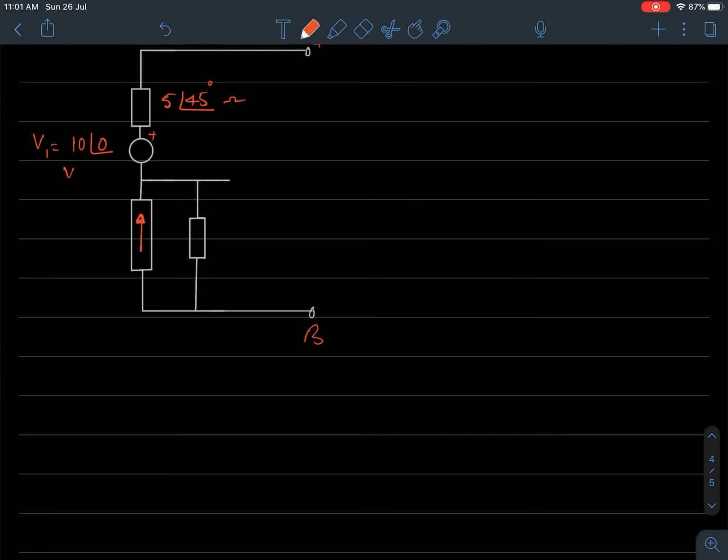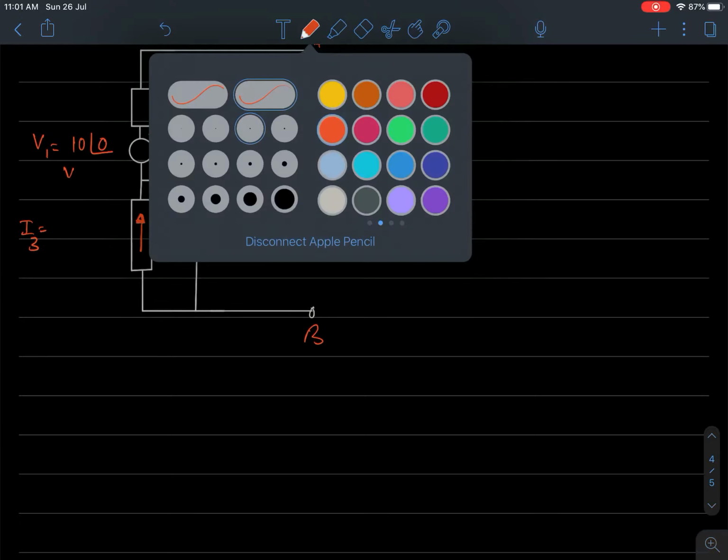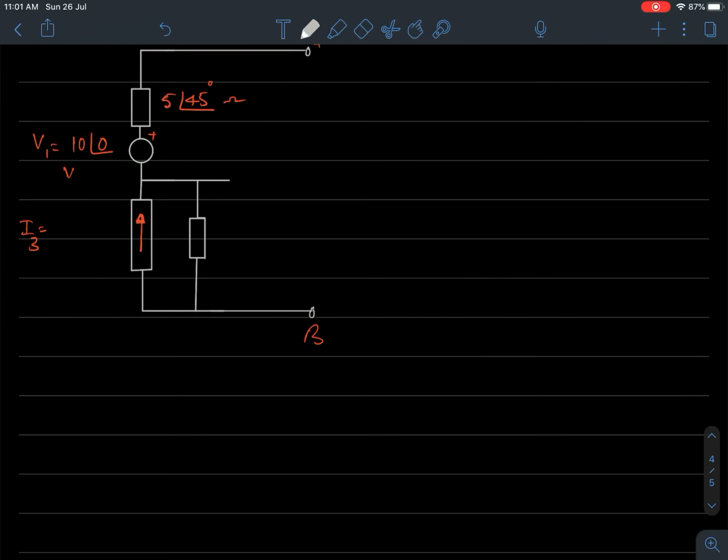Now what is the magnitude of this current source? Earlier it was my I2. Now I'll call this I3. What is this I3 equal to? I3 can be easily computed as 5 at an angle 90 minus 2 at an angle 90.